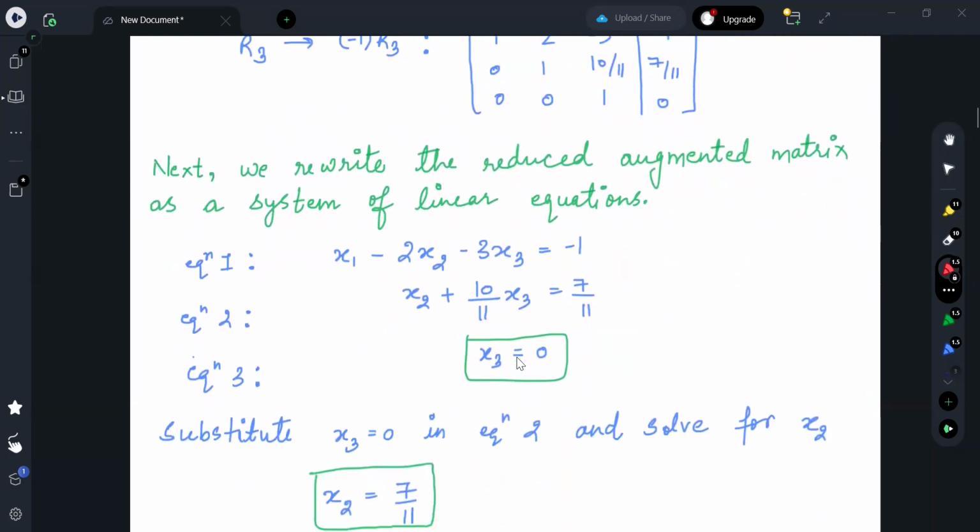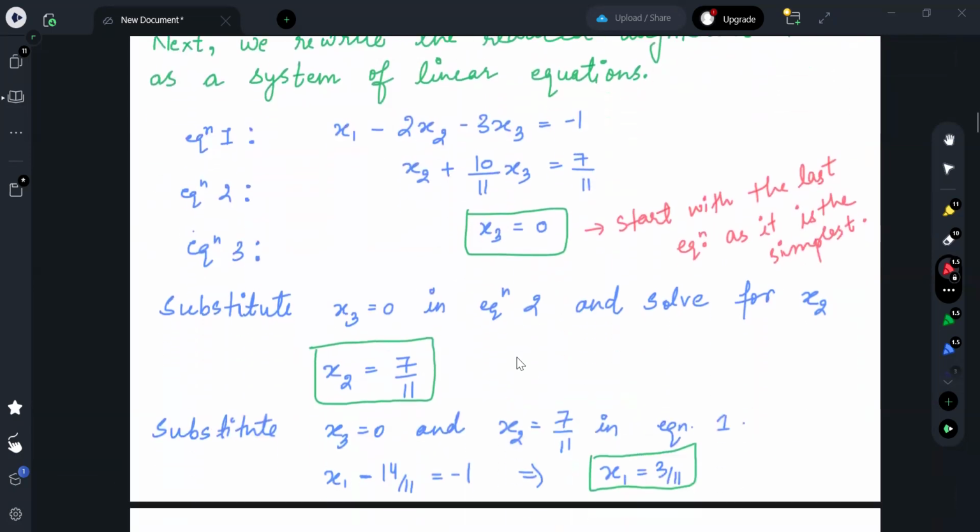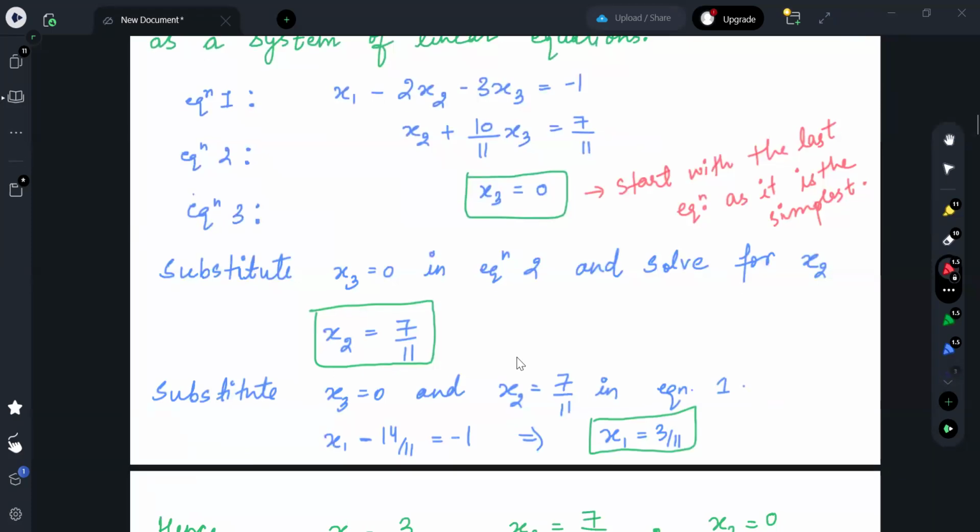So now I have x3 equals 0. I start from the last equation because that's the easiest, and hence the name back substitution. That will always be the case with the last equation. And there you go. I substitute x3 in equation 2 and I solve for x2.